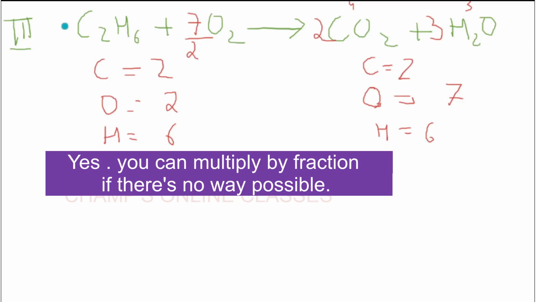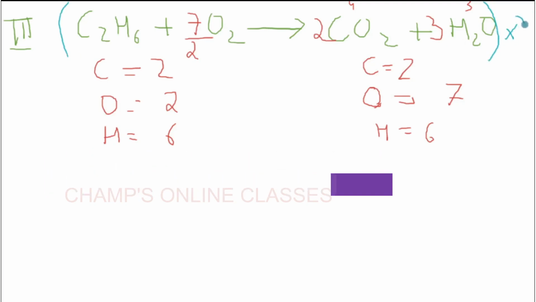So what we can do is multiply the entire equation by 2 to get this cancelled. You can't cancel this 2, please don't cancel this 2. You can't change the molecule of oxygen because we know the atomicity of oxygen is 2, so it has to be O2 only. Please don't cut this. We have to multiply the entire equation by 2.